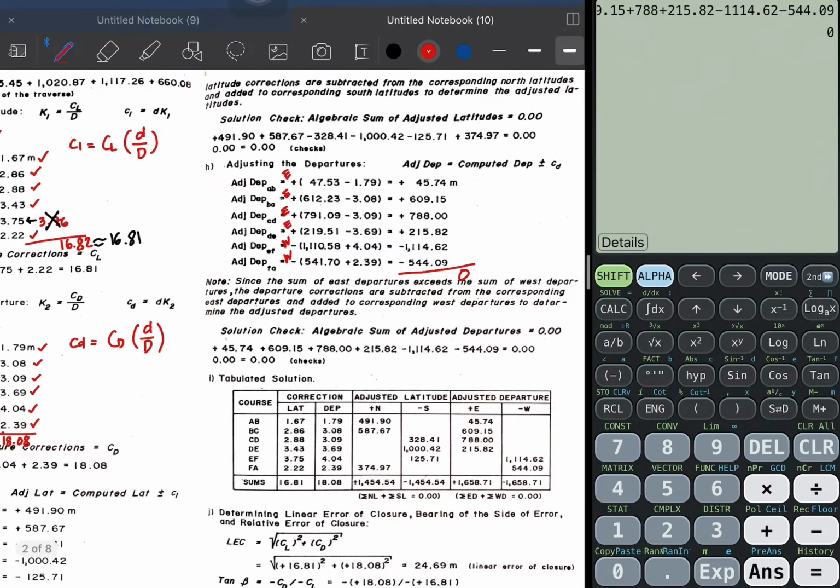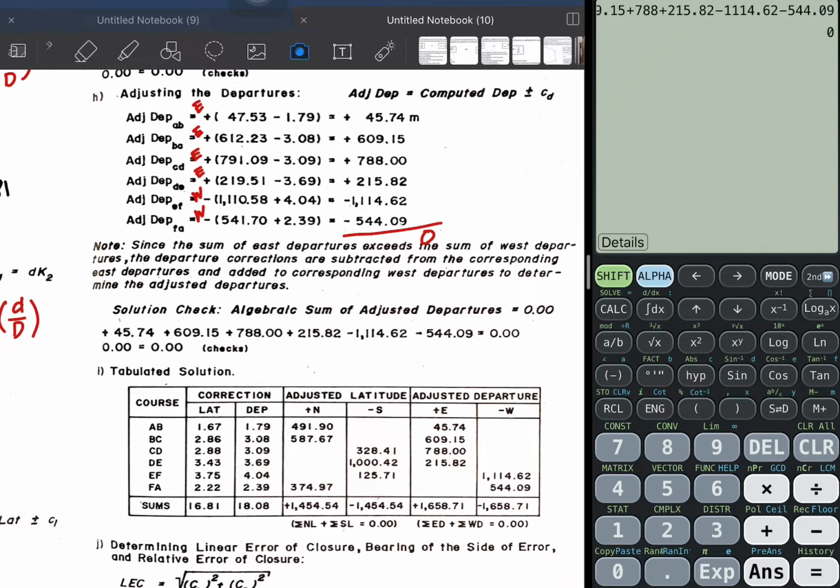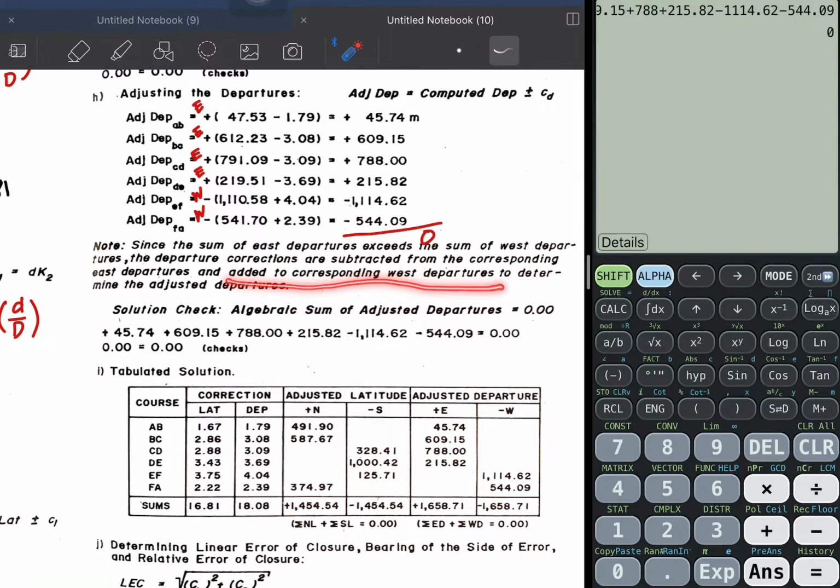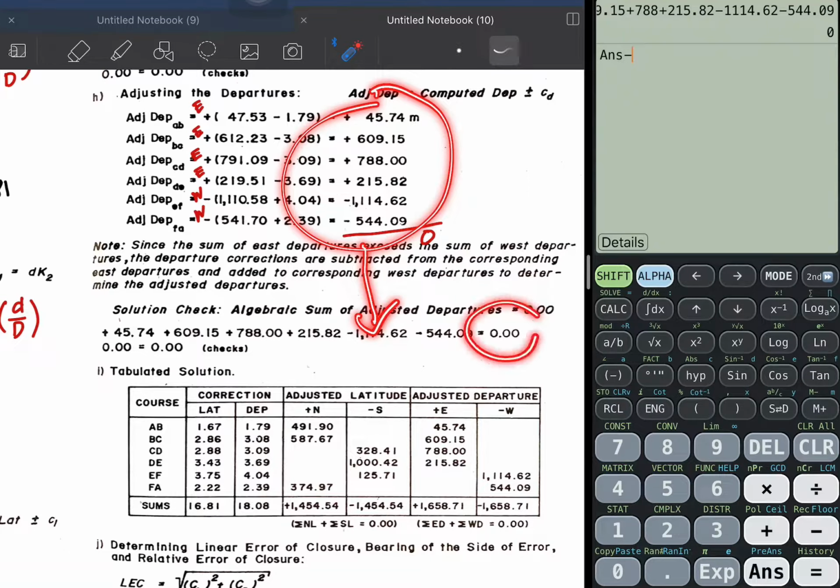It should be equal to 0. So note, since the sum of the east departure exceeds the sum of the west departure, the departure corrections are subtracted from the corresponding east departure and added to the corresponding west departure. Okay? So when you add these values, it should be equal to 0.